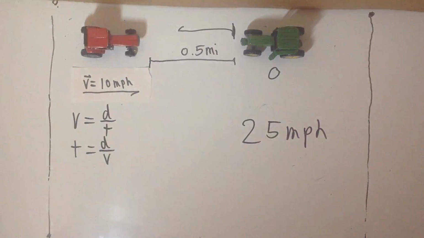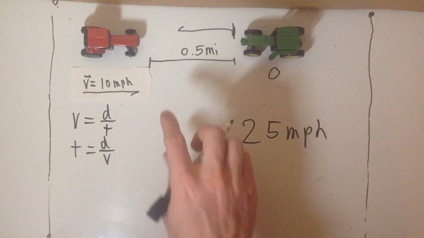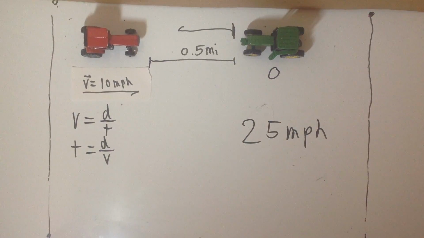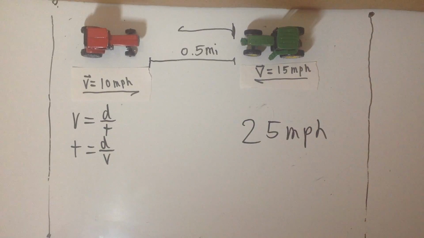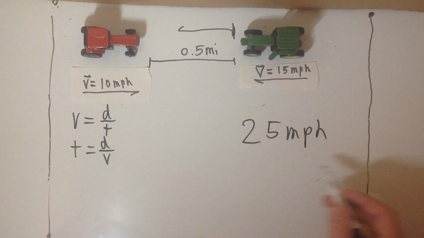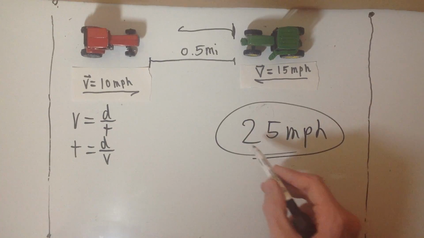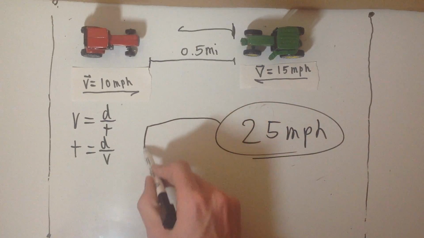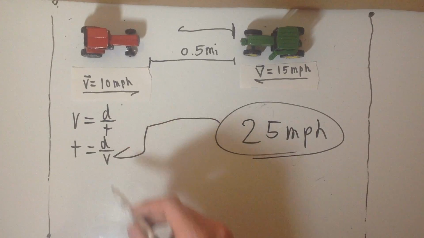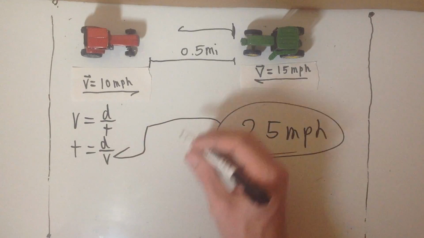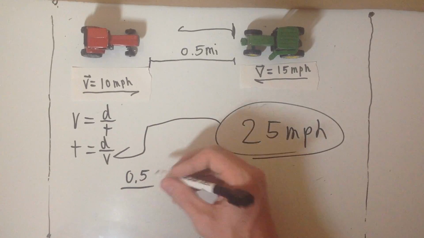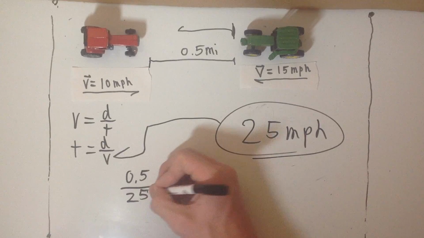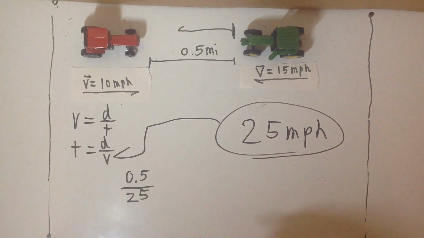And then we think of it as it's going to collide into something 0.5 miles away. I'll put these back so we still remember what the problem is. So now, since we have our velocity here, we can just plug this into the velocity in this equation, and then we get our distance of 0.5 over 25.